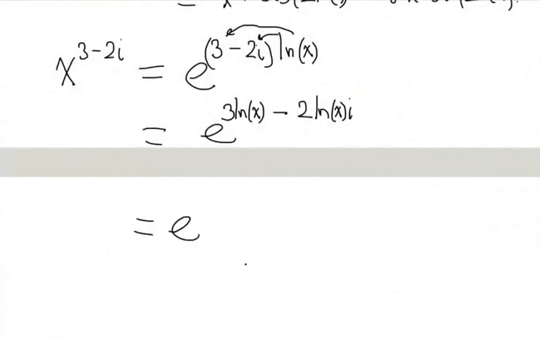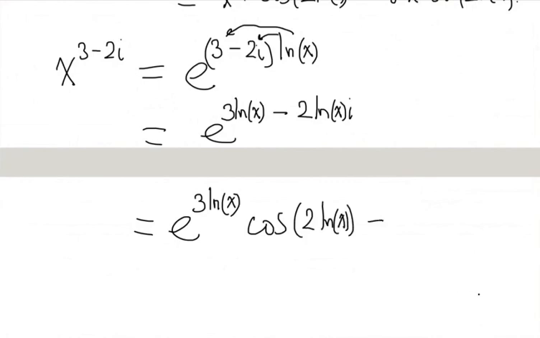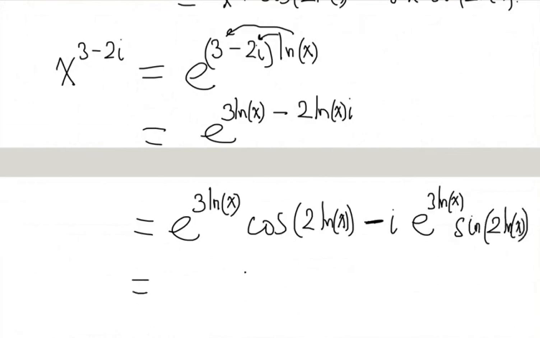So then we have e to the 3 log x cosine of 2 log x minus i e to the 3 log x sine of 2 log x. And we may simplify this a little bit. We've done this before. For e to the 3 log x, we bring the 3 into the exponent and we cancel e and log.